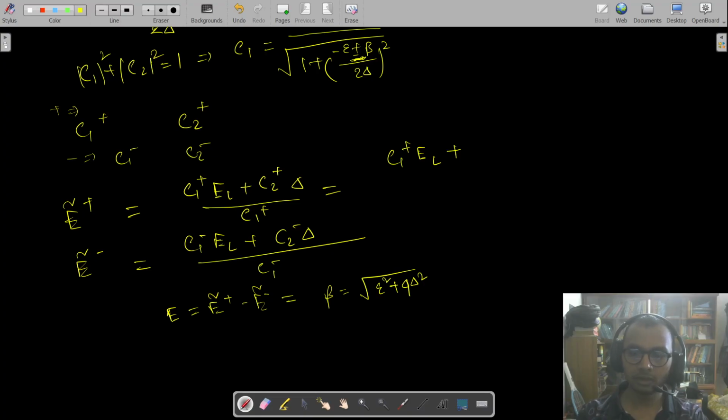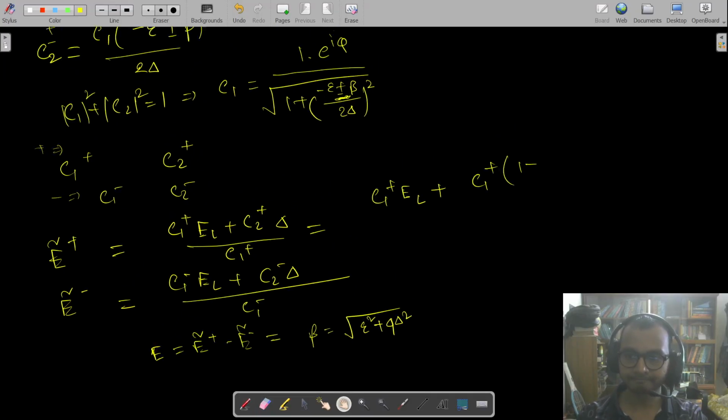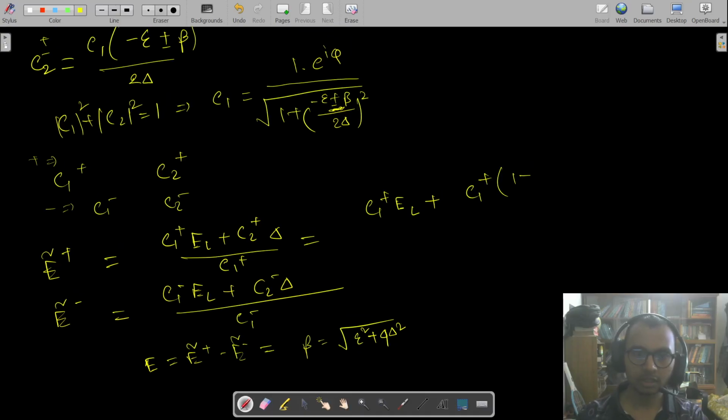So here you'd have C1 plus times one minus, so is it minus? No, it's not. It's delta plus beta by 2 pi by C1 plus.